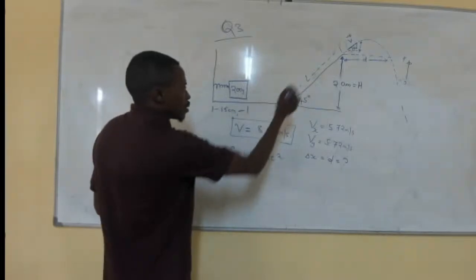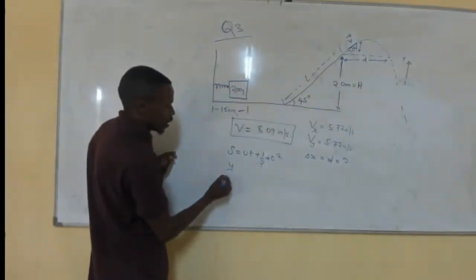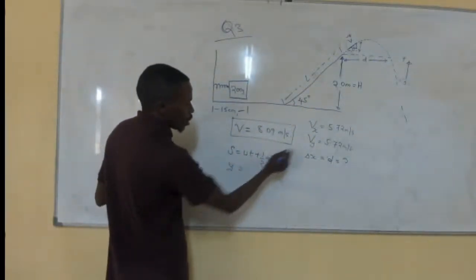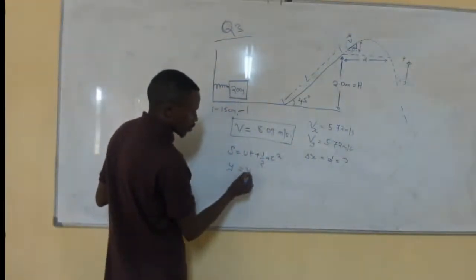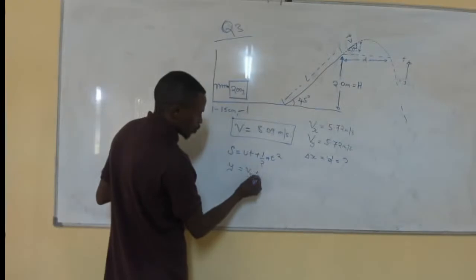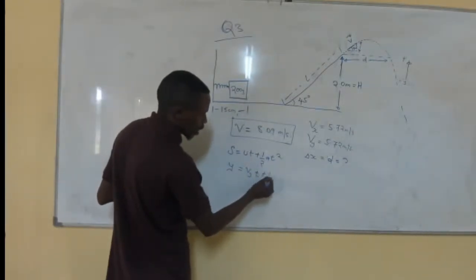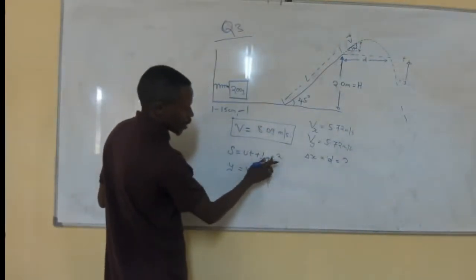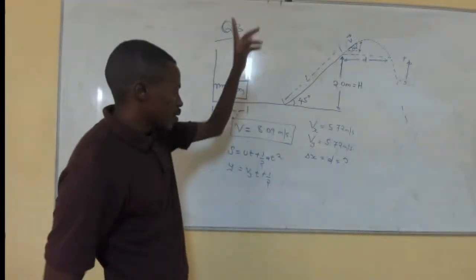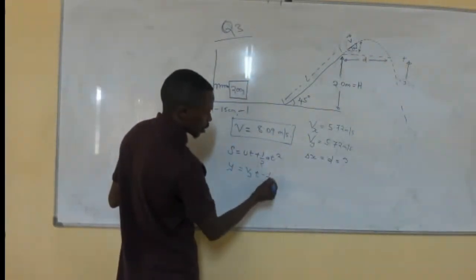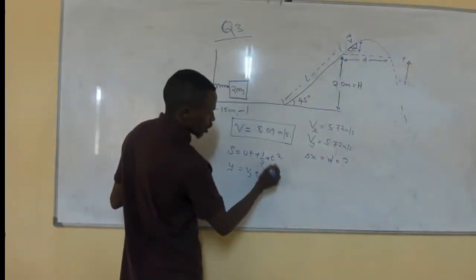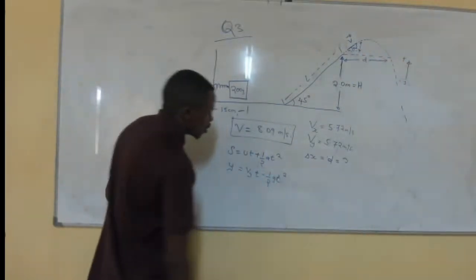So in this case, our s, y, is equal to u. We are in the y direction, remember, so we are using the vertical component, which is Vy, multiplied by the time, plus half. Remember that g upwards is negative, so this should be negative here. Acceleration becomes g, and then t squared.